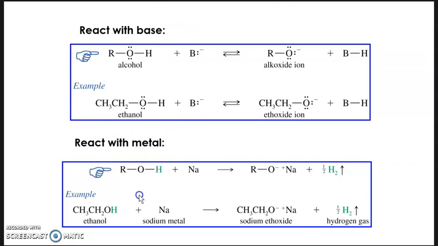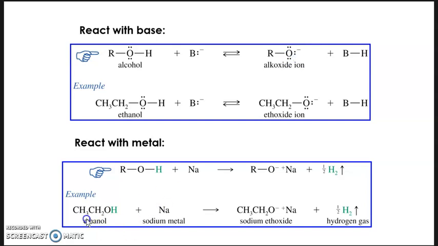Normally, alcohol is reacted with sodium metal. With sodium metal, what forms is an alkoxide ion, RO minus. The H plus is cleaved, forming a negative charge on the oxygen. So this is an alkoxide.